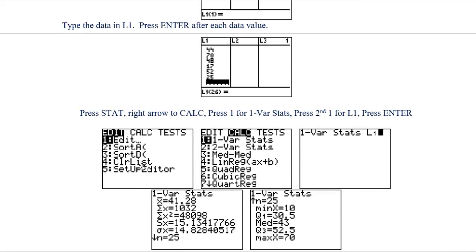Then go to Stat, right arrow to Calc, choose number 1, 1-Var Stats, put in L1, and enter, and it comes up with the statistics here, which if you did it right and typed everything in correctly, you hopefully will get the same information as this: the mean of 41.28, the sample size of 25, minimum of 10, Q1 is 30.5, median is 43, Q3 is 52.5, and max is 70.